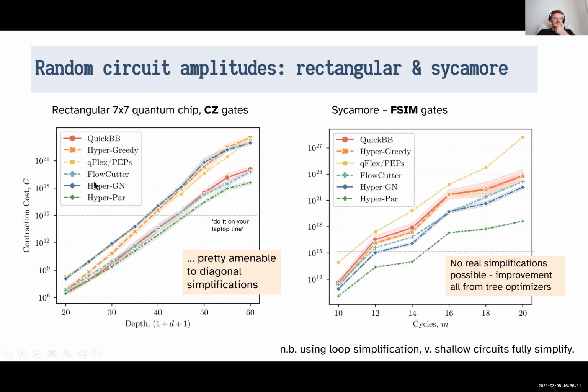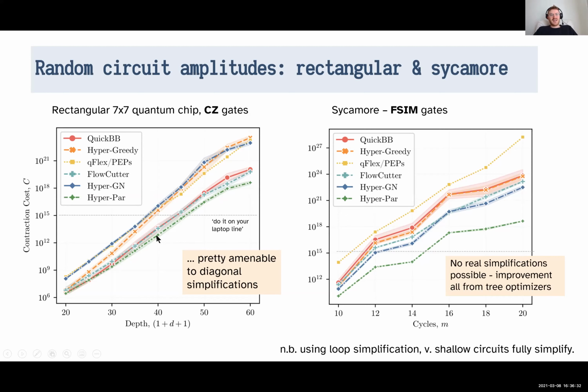The hyper methods are our recent contributions to these tensor network optimization schemes, but there's also our simplifications going on here. I guess what's notable is that up until a few years ago, it was thought that this kind of depth of circuit was out of reach even for supercomputers.